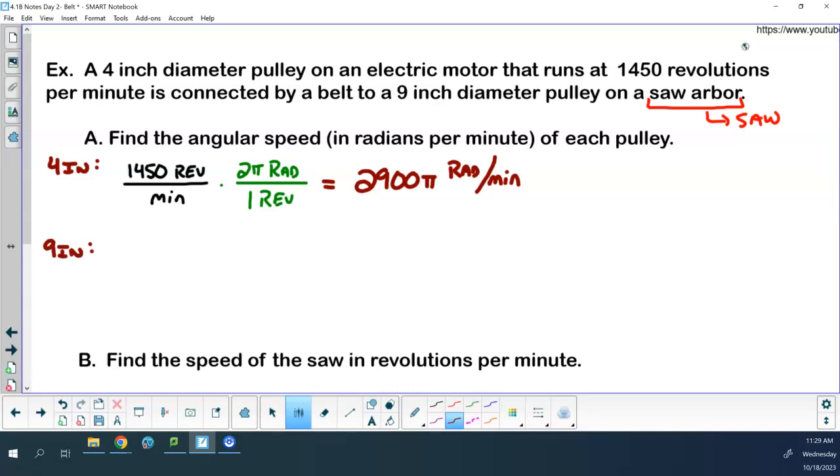The only thing that we know is that the 4-inch pulley is spinning at 2,900 pi radians per minute, which means the belt is doing 2,900 pi radians per minute, which means the belt is traveling at, it was a 4-inch diameter, so that is, wrong side.